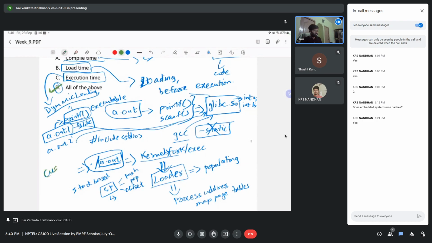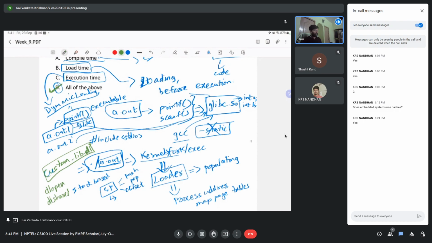You want to use a custom library with an extension like dot so, or dl. So within your program itself, you would be using code like dlopen and dlsym. Some functions are there.